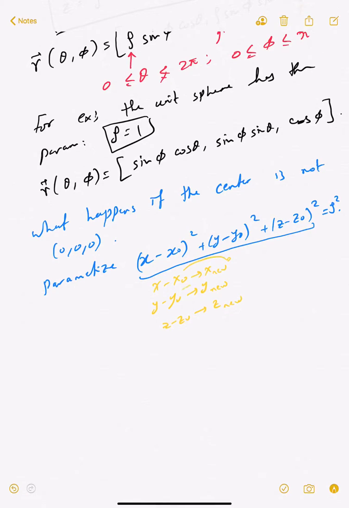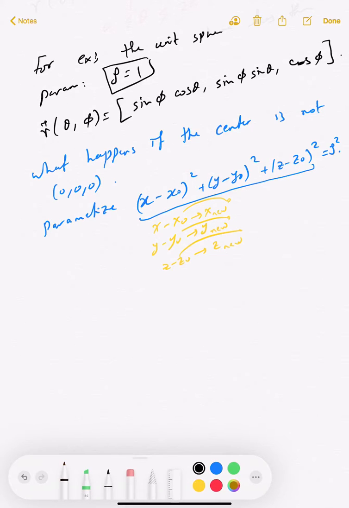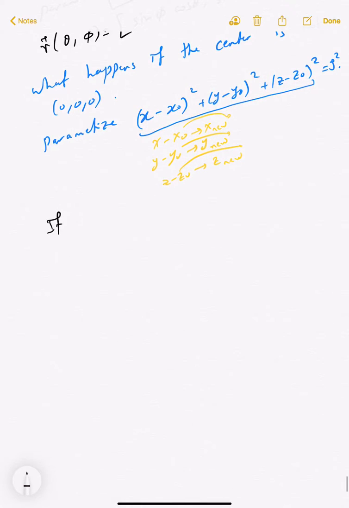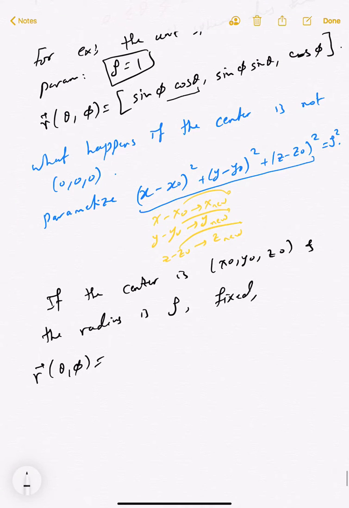So in general, if the center is x naught, y naught, z naught, and the radius is rho, again a fixed value, the parameterization in terms of theta and phi will be exactly like the unit sphere, but we add the coordinates.